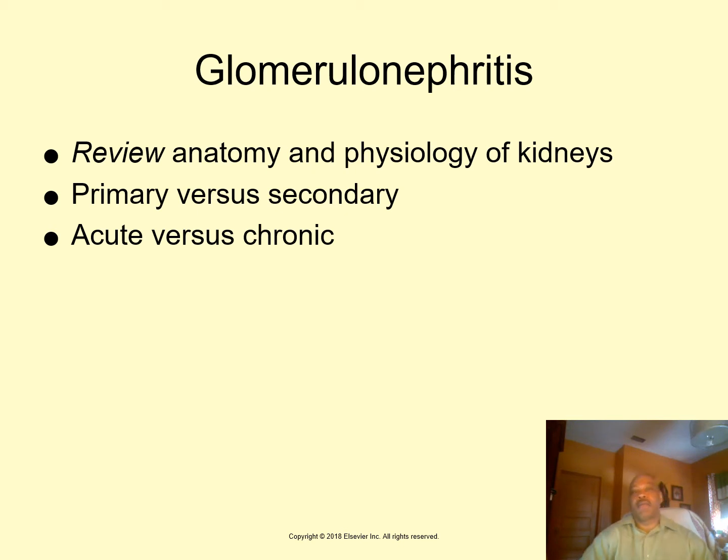Glomerulonephritis can also be caused by drugs that impact the glomerulus, that can be nephrotoxic, nephro meaning kidneys, and toxic to the kidney structures. It can also be an inherited disorder.